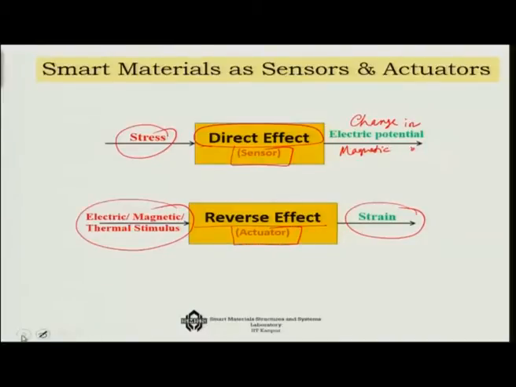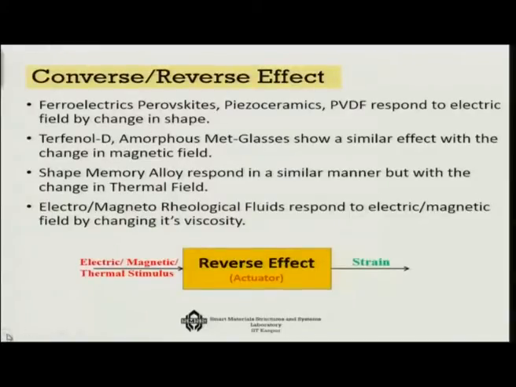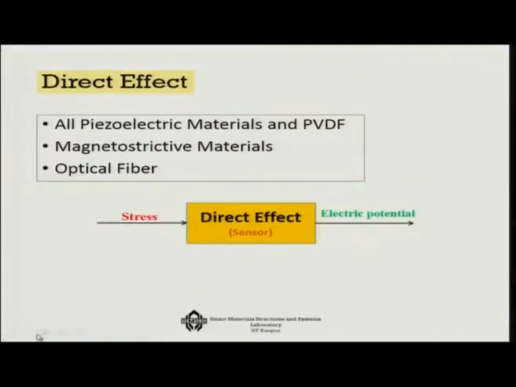So these are the two very important effects we have to keep in mind as far as smart materials for sensing and actuation come into the picture. We are talking about the direct effect, and this direct effect is available in piezoelectric materials, and also in a polymer known as PVDF, polyvinylidene fluoride.